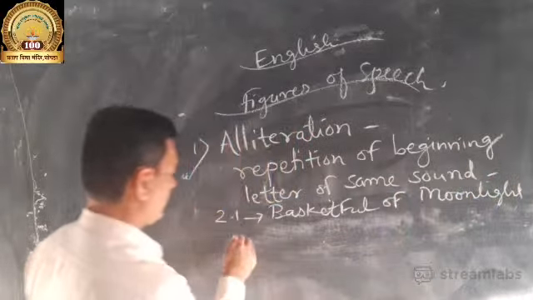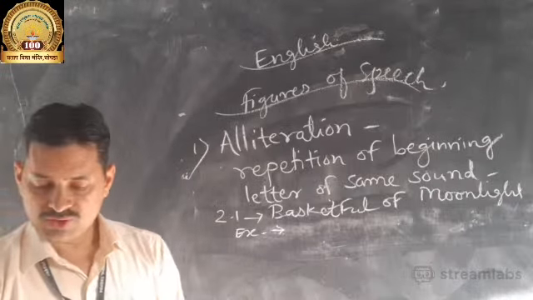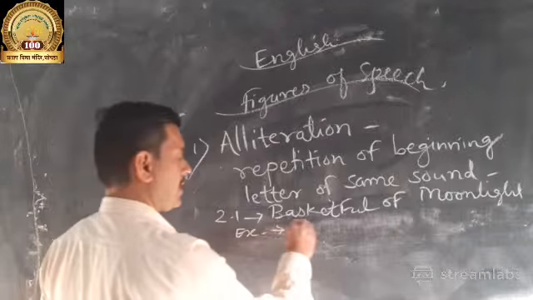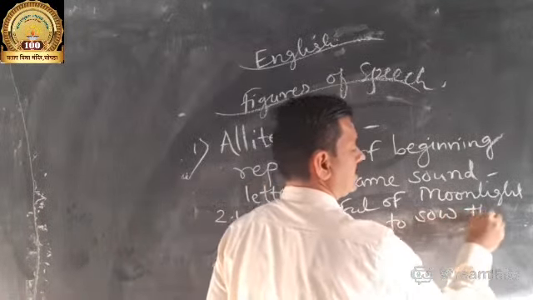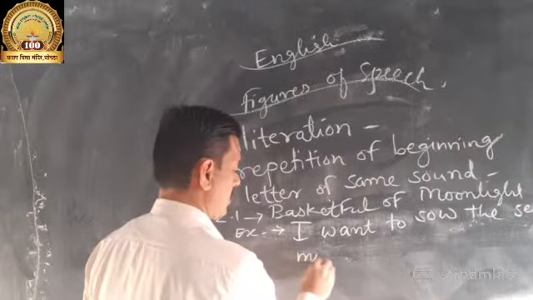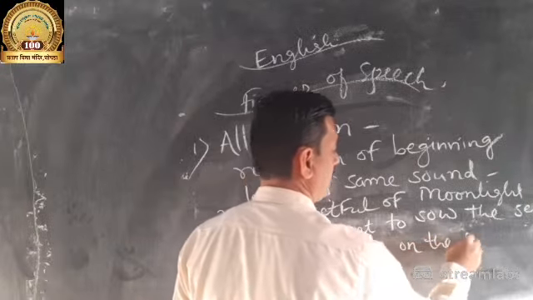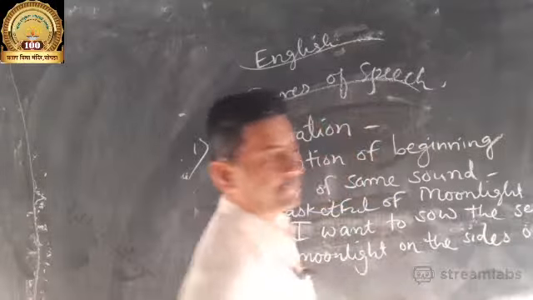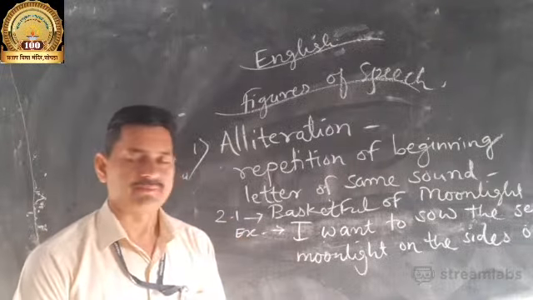Now you can see here in this poem the example, and that is: I want to sow the seeds of moonlight on the sides of the path. So this is the line there, in 2.1, Basket Full of Moonlight.